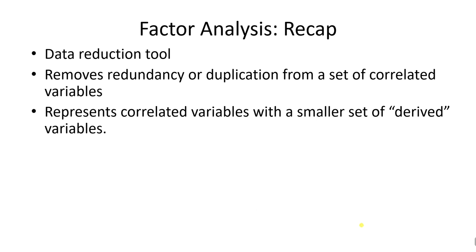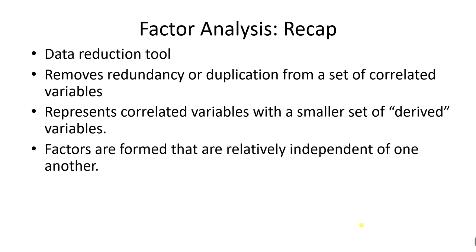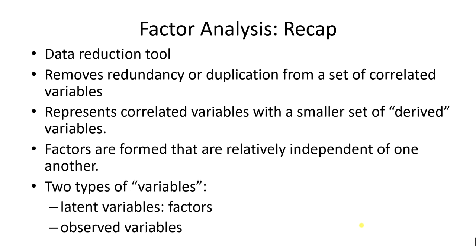Those derived variables are called latent variables or factors. And factors are formed that are relatively independent of one another. So the variables within a factor are highly related with each other, but lowly related with variables of the other factors. And in factor analysis, we deal with two types of variables, the latent variables that are called factors and the observed variables that are really factor analyzed.